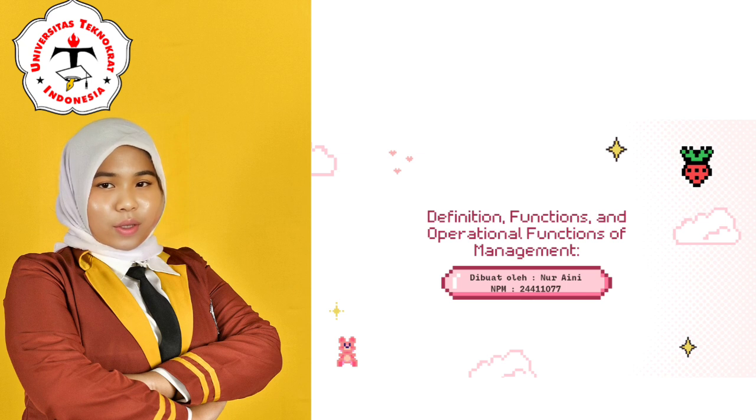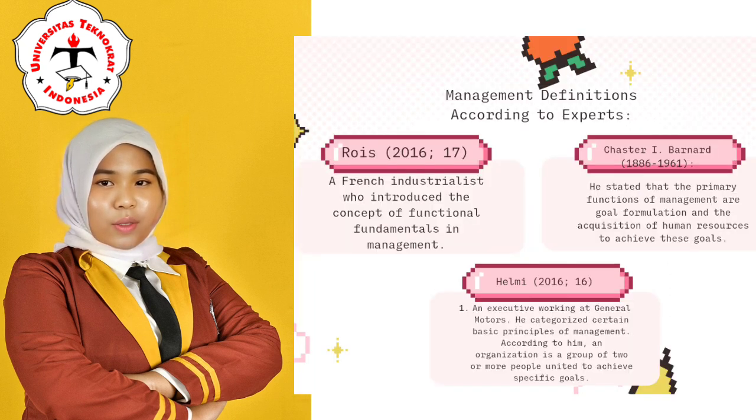Definition of management, functions, and operational functions of management. Here are some definitions of management presented by experts. Henri Fayol, 1841-1925, a French industrialist who proposed the concept of functional bases in management. Chester Barnard, 1886-1961.